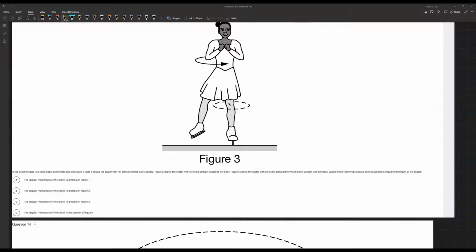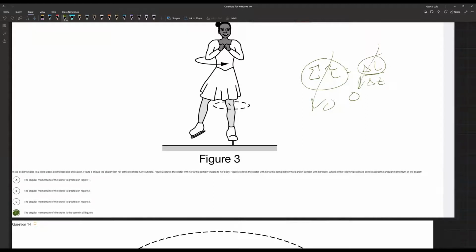All right, we'll go ahead and call it here. So the important thing here is we're not seeing any net external torque. What this means is that if there is no net external torque, then the change in angular momentum is going to be 0, or time is infinity. So it turns out that the angular momentum here is going to be the same through all 3 states.